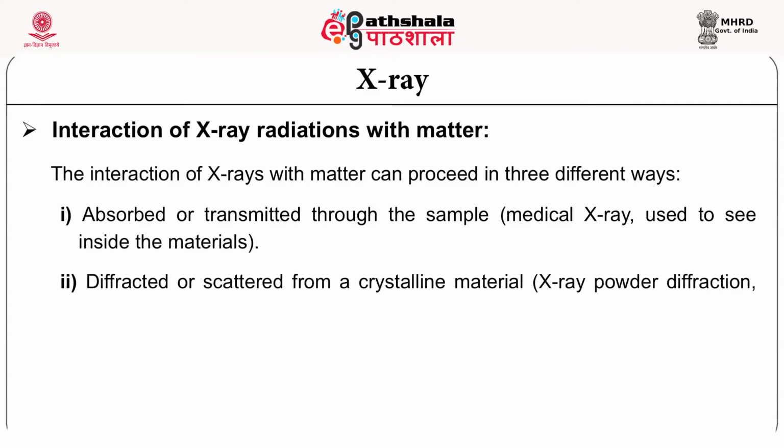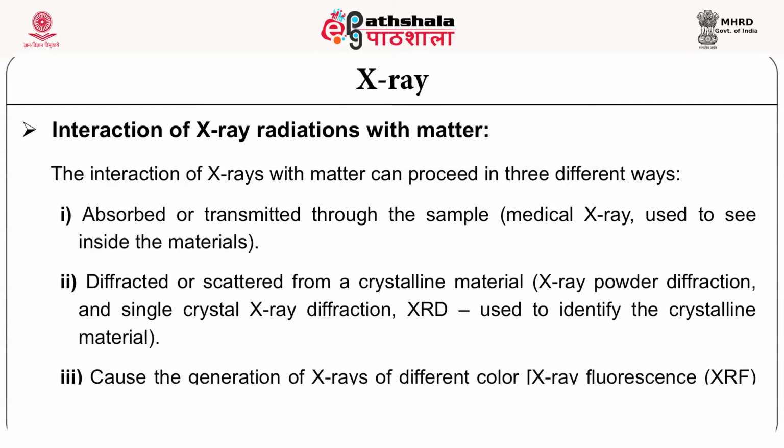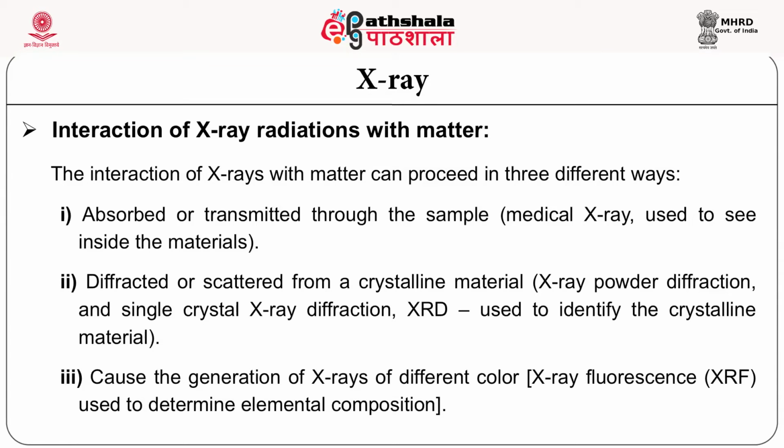Number two, diffracted or scattered from a crystalline material, that is X-ray powder diffraction, which we call XRD, crystal X-ray diffraction, used to identify the crystalline material. And thirdly, causes the generation of X-rays of different color, X-ray fluorescence, XRF, used to determine elemental composition. So, XRF is the X-ray fluorescence, where the X-rays are used.